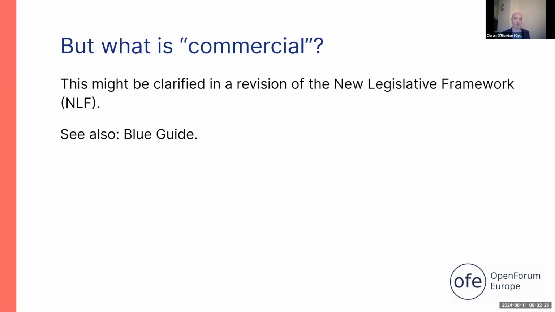These texts also suffer from being written during a time when people had physical products in mind rather than software in mind. And so there is not much clarity in the texts currently. However, there is a plan for the European Union to review the New Legislative Framework, and this might include the Blue Guide, or the Blue Guide might be updated a little bit later.